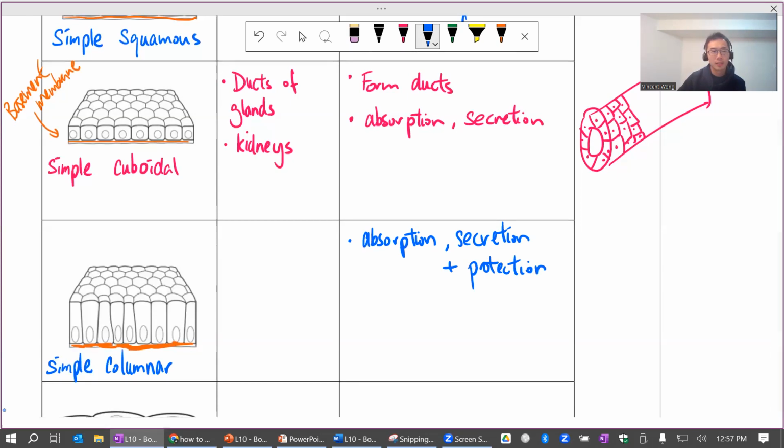I like to think of the simple cuboidal as your basic package. It comes with absorption and secretion, but if you upgrade to the columnar, it comes with protection as well. Like an extra feature, kind of like your $30 per month phone plan versus $40. Extra stuff. Protection. And you will find it in the GI tract.